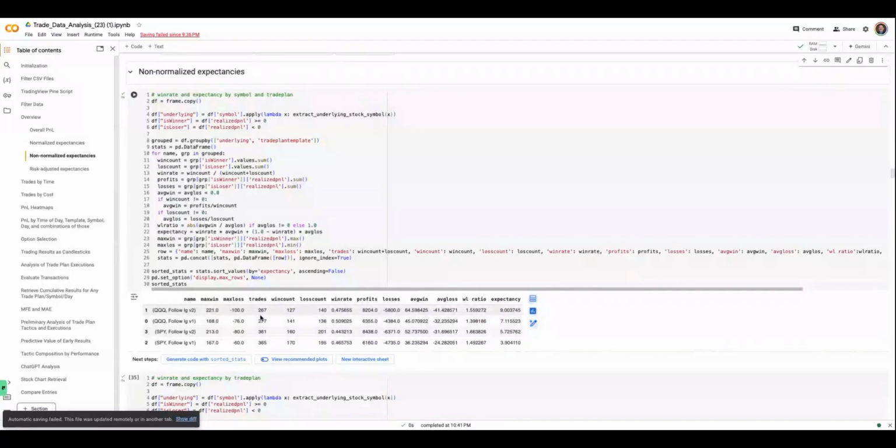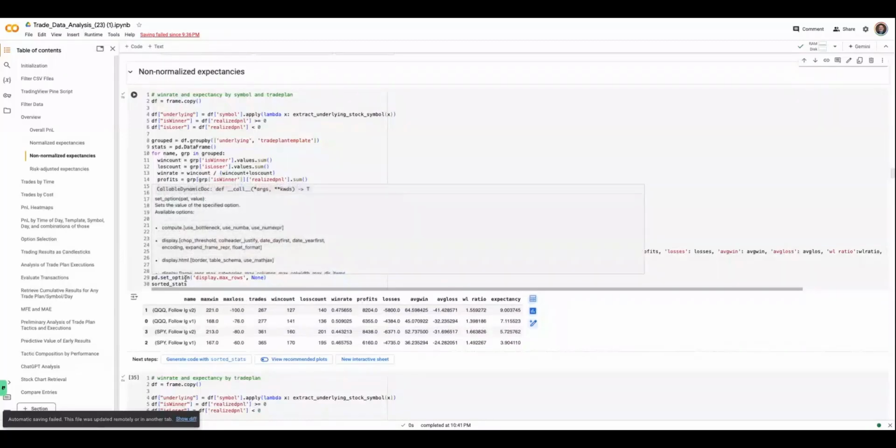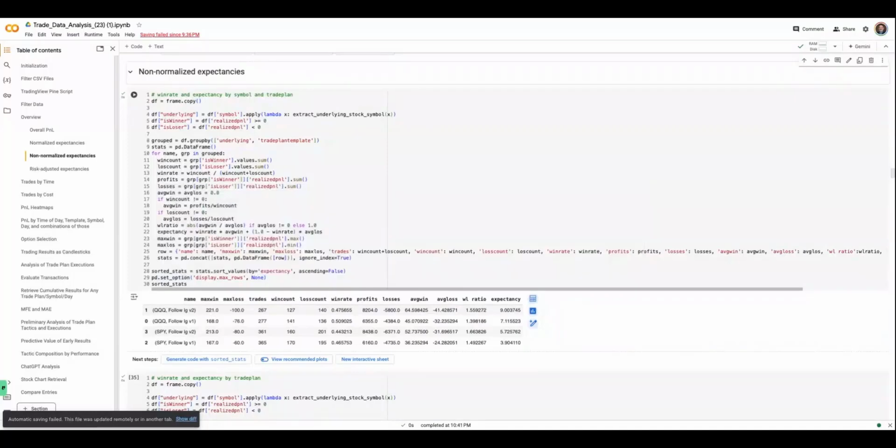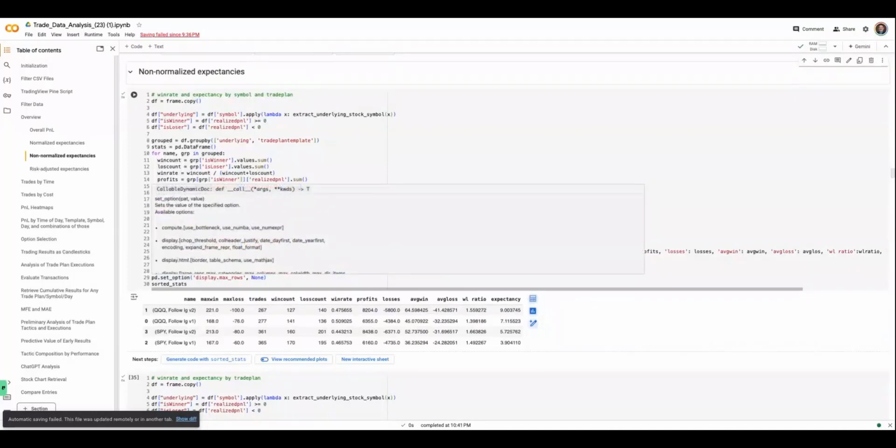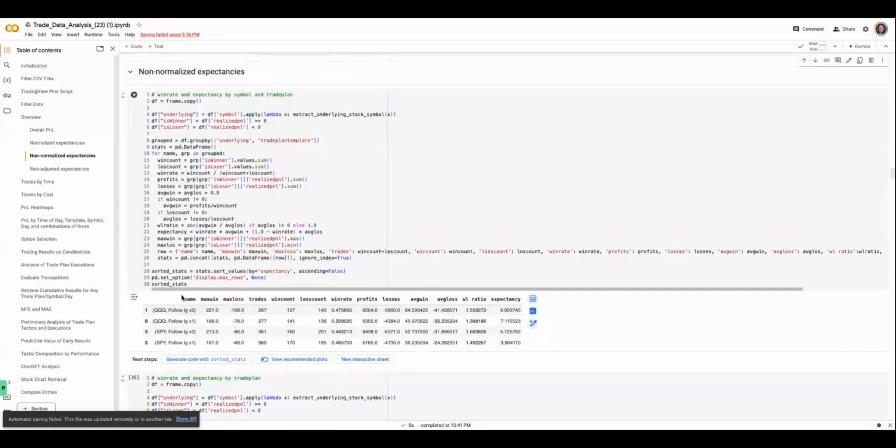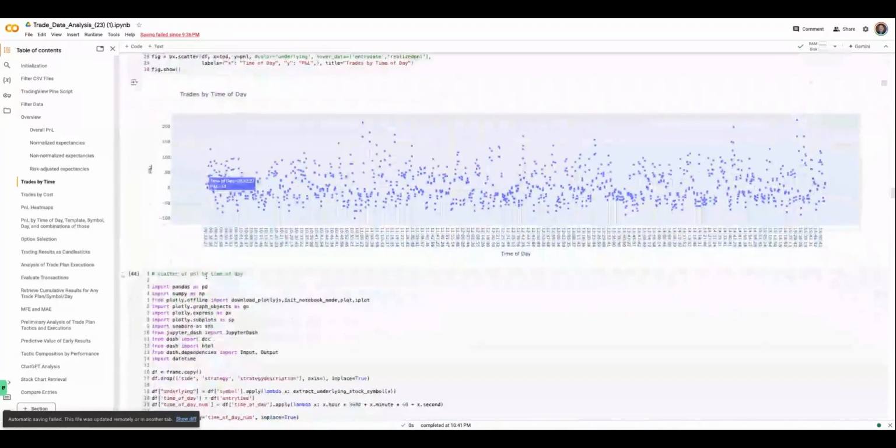And so positive expectancy is really the key. And if you can trade consistently and not get emotional and not pick and choose, then positive expectancy will make you money. So this is all of those trades.